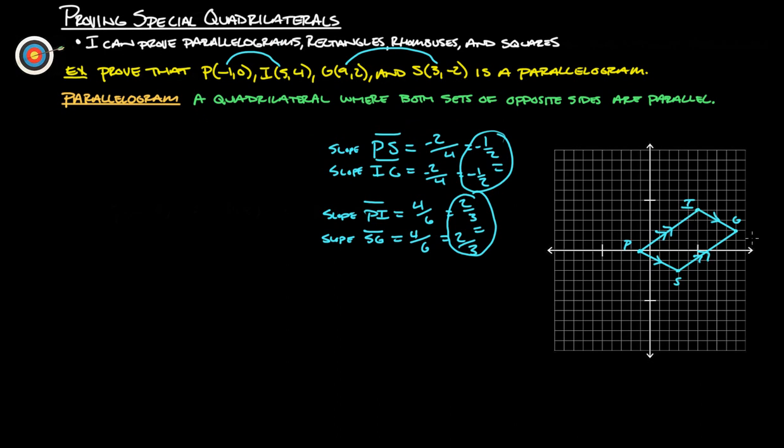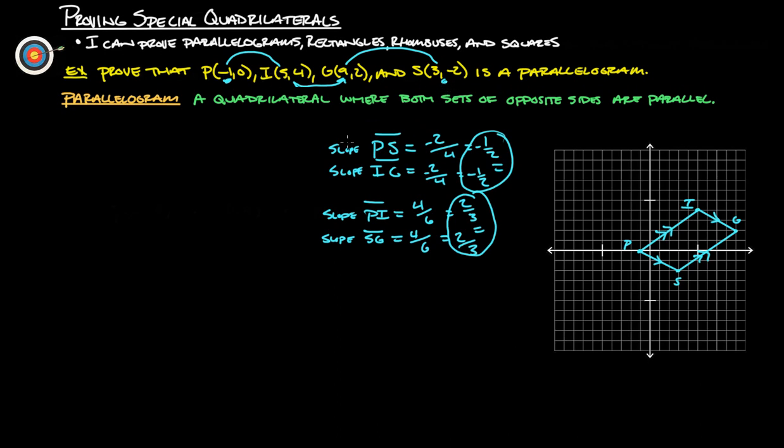So PI and then GS would prove these two. And then we would want the middle two, and then the first and the last one also together. That's going to prove the other pair.